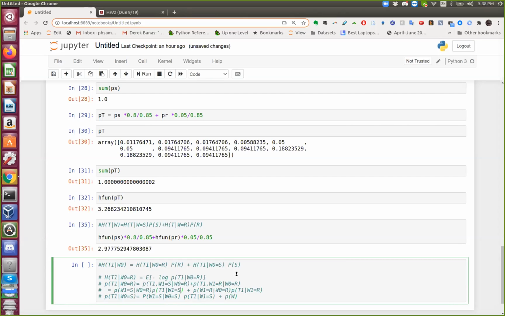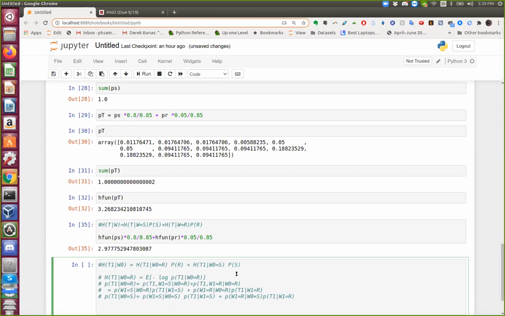Please don't bother with my uppercase and lowercase for the P here.